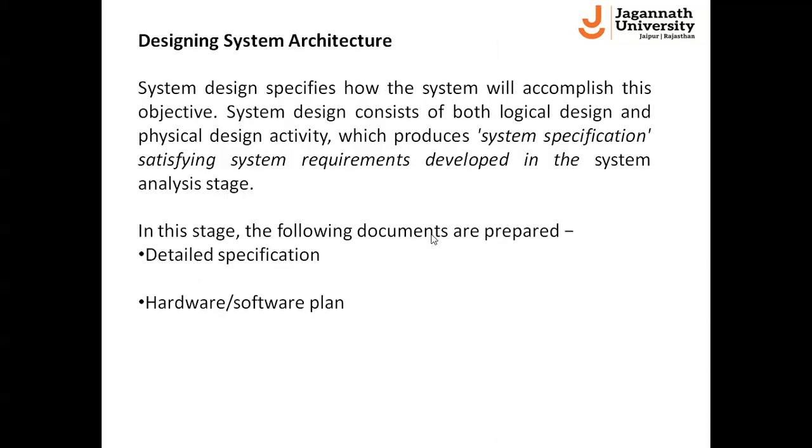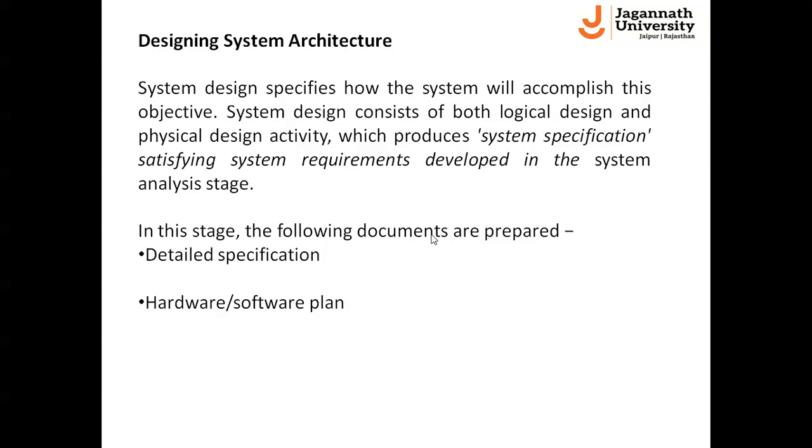Designing system architecture. System design specifies how the system will accomplish this objective. System design consists of both logical design and physical design activity, which produces system specifications satisfying system requirements developed in the system analysis stage.